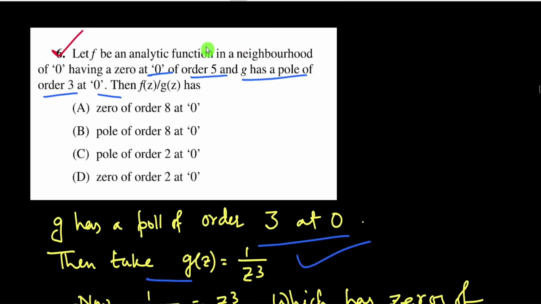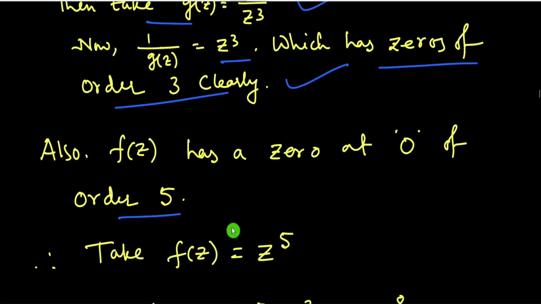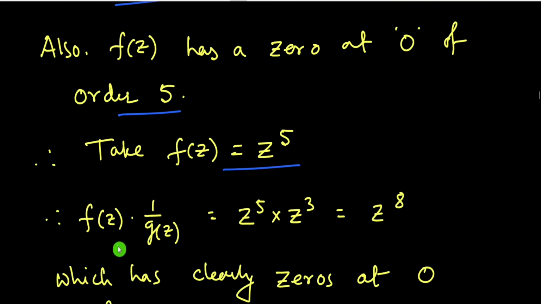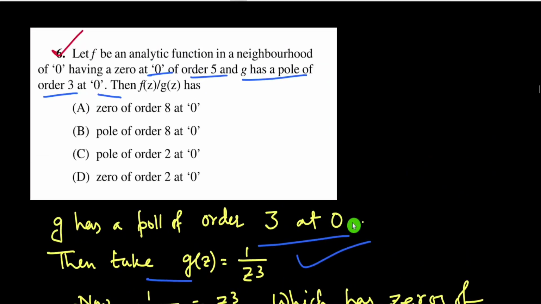And since f(z) has a zero at 0 of order 5, we can take f(z) equal to z^5. Now f(z)/g(z), that is f(z) into 1/g(z), equal to z^5 into z^3. This gives z^8, which clearly has a zero at z equal to 0 of order 8. So this is a simple question of complex analysis. So option A is correct here.